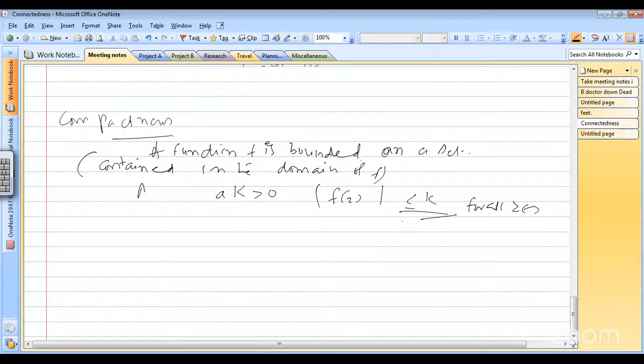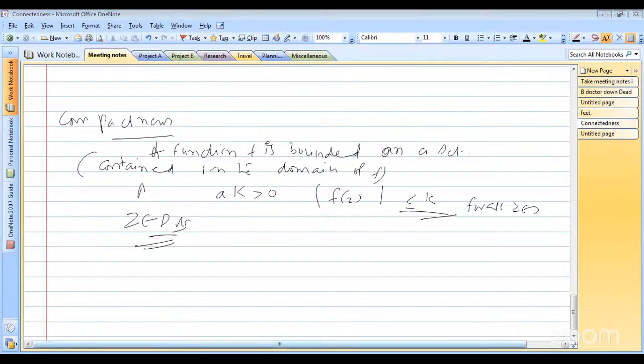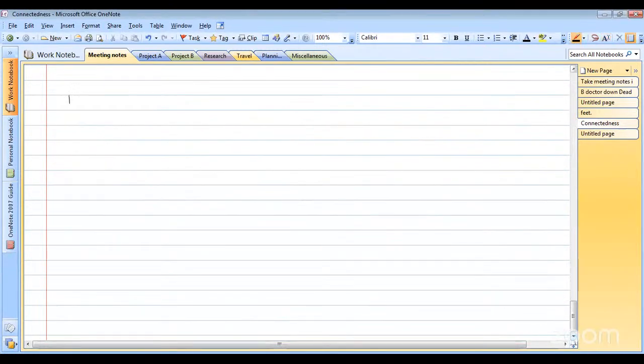Locally bounded means at a point B on S, there is some K greater than 0 and an open disk D centered at B such that |f(Z)| is less than or equal to K whenever Z belongs to D intersection S. One theorem of locally bounded we have to learn here. Theorem.